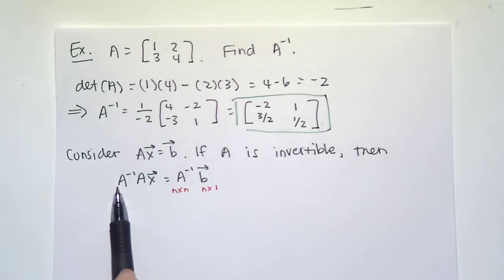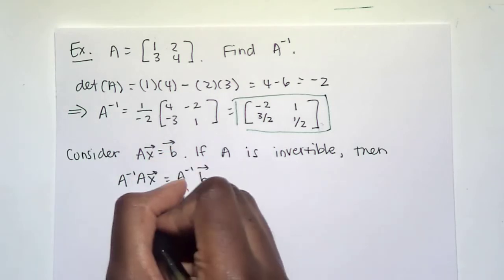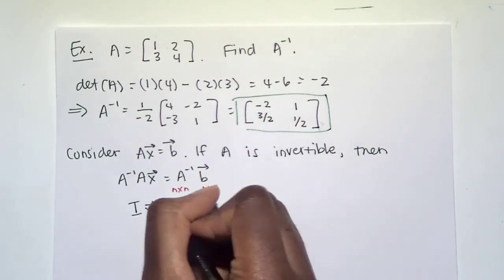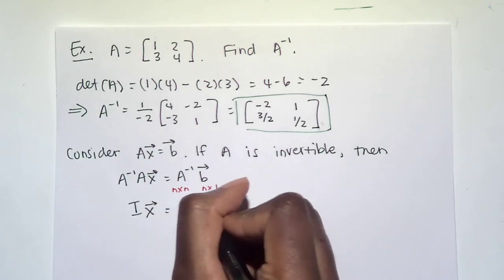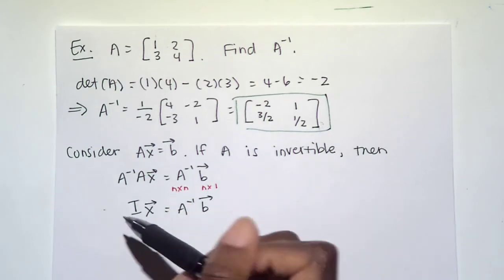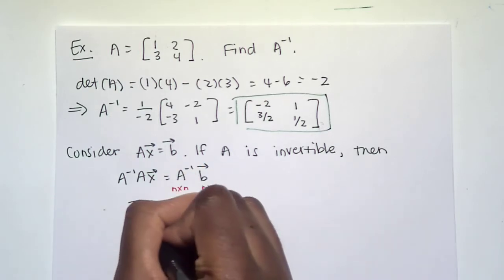All right, well, what about A inverse times A? When you multiply a matrix by its inverse, we should get the identity matrix. So we have the identity matrix times X equals A inverse B. All right, remember, identity is just like our 1 here, so anything times the identity is just itself.